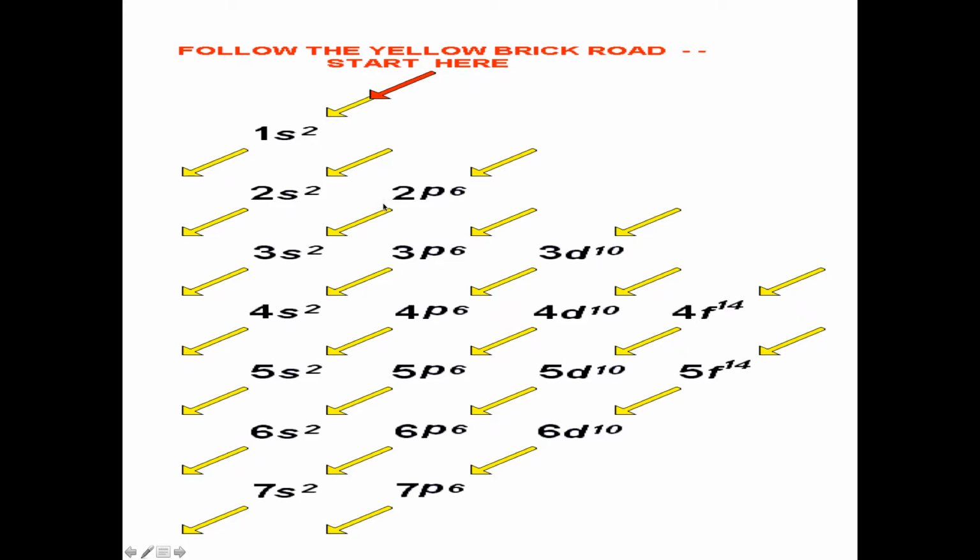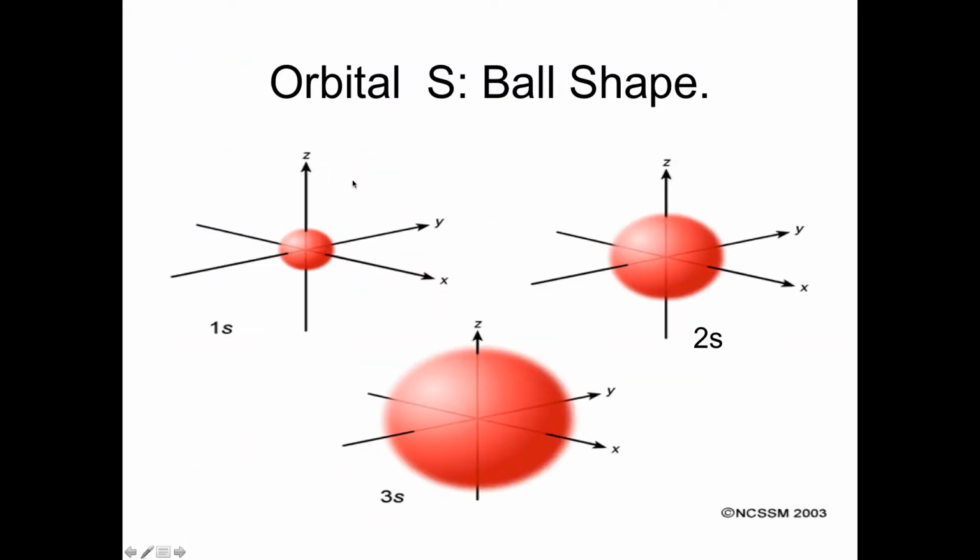Okay? So what I want to do now is start talking about what is S, P, D, and F. Well, S is a shape, and it is actually a ball kind of shape. 1s being a very small ball because it is the closest to the nucleus, and as you get bigger, the ball increases in size. So 2s bigger than 1s, then 3s even bigger than that, 4s would be even larger, 5s even larger.